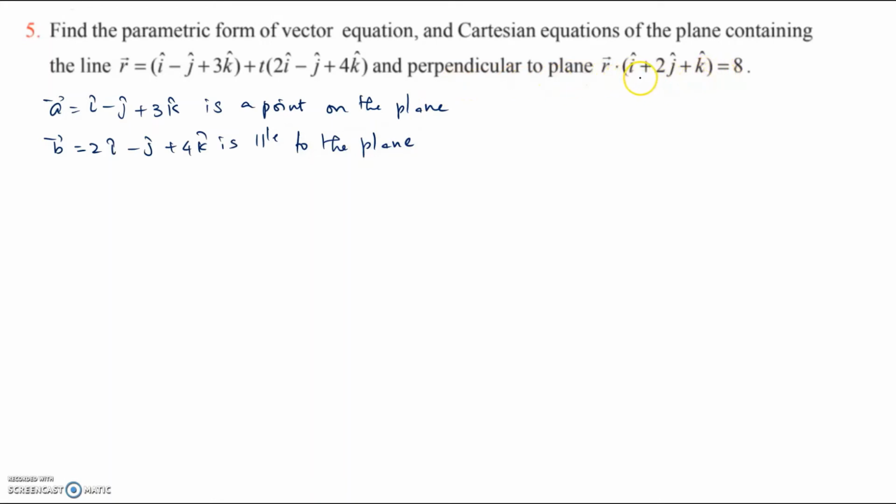That means it will be parallel to this vector here. So it is again C vector, which is equal to i cap plus 2j cap plus k cap is parallel to the plane.